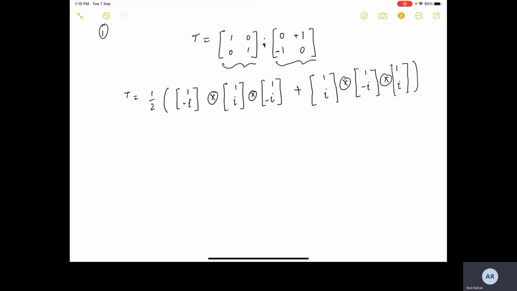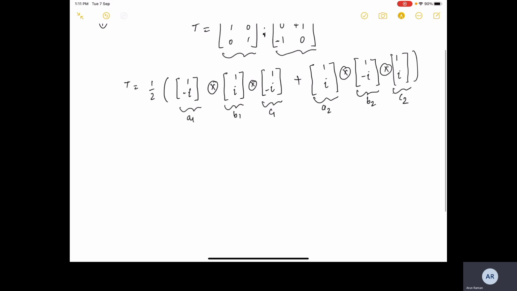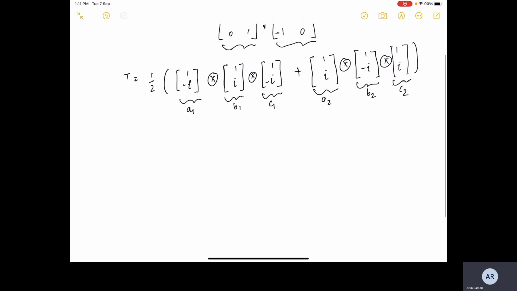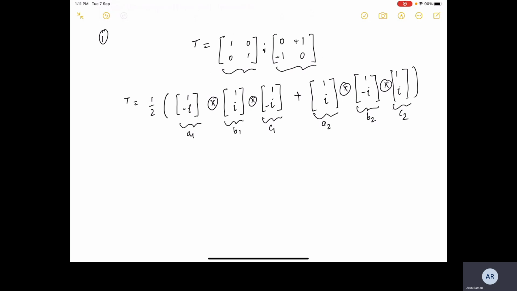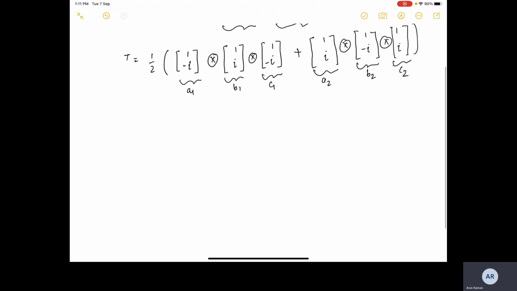Okay, so in his lecture, this will be A1, this will be B1, this will be C1, this is A2, B2, and this term is C2. Next we will do some elementary calculations to give you an idea of how the original tensor is reconstructed by this decomposition.